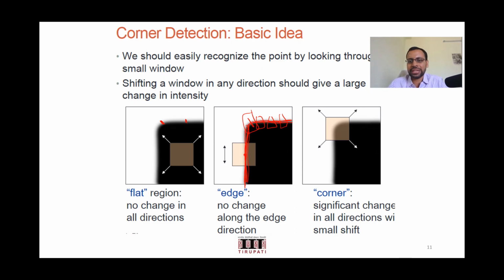But it is not necessarily a corner. Even if you have some textural variations around that point where you could uniquely see that point, let's say some design is there here, and that design is unique here, and I take some point here, still that's a good point.